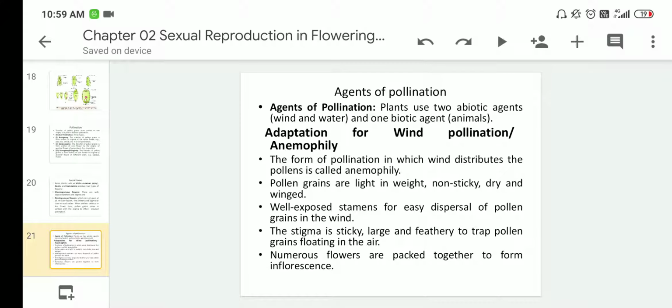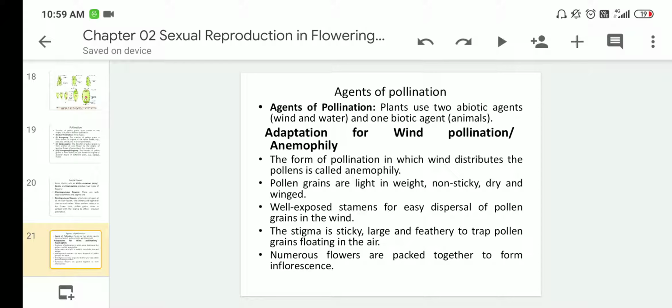Now there are different agencies of pollination. We will come to this subtopic, the agents of pollination. Plants use two abiotic agents, wind and water, and one biotic agent, that is animals. The plants are adapted for each type of agency.